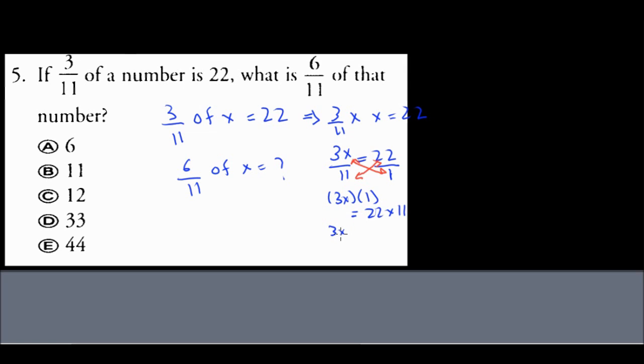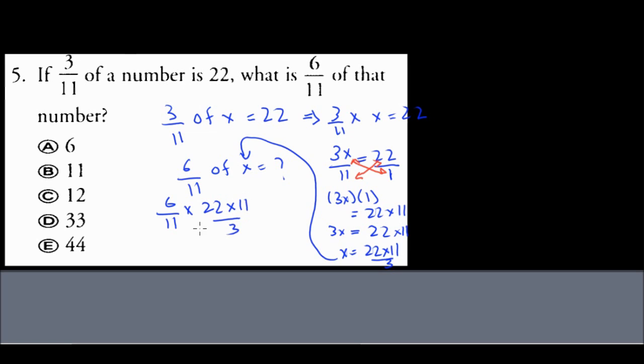So you get 3x equals 22 times 11, or x equals 22 times 11 over 3. Let's substitute that x over here. So I'll have 6 over 11. When I take out "of", I have a product sign, and for x I'll plug in this value that I just found. 22 times 11 over 3. 11 and 11 cancel. 3 times 1, 3 times 2, and I'm left with 44.